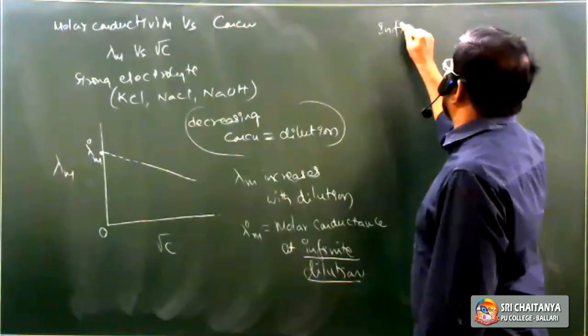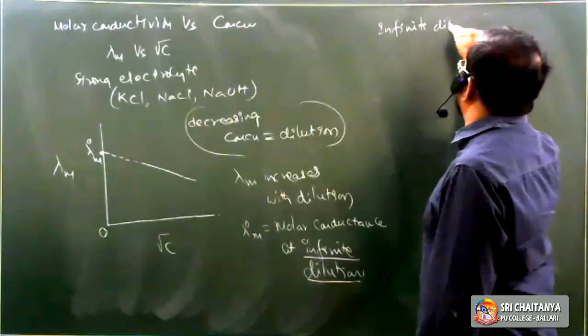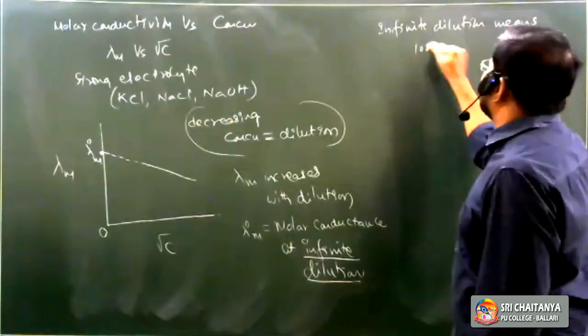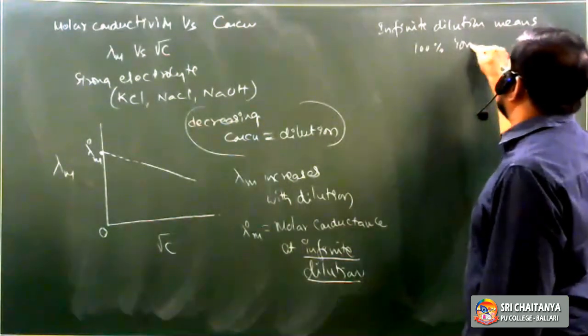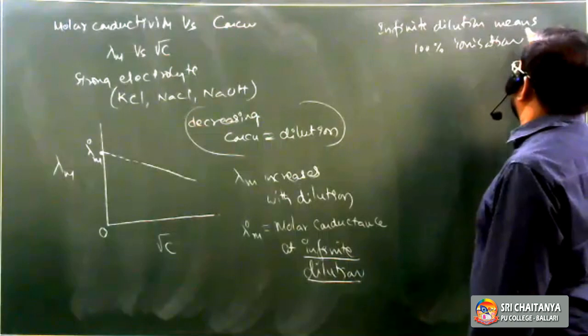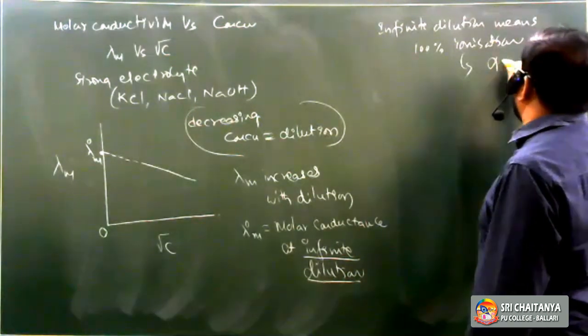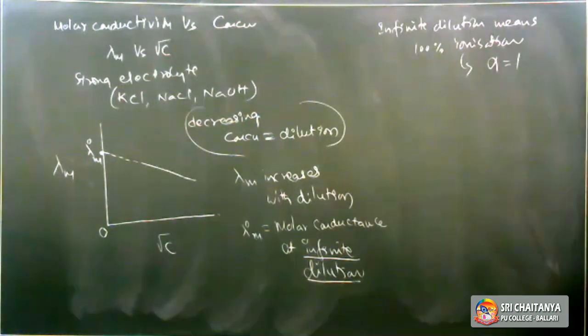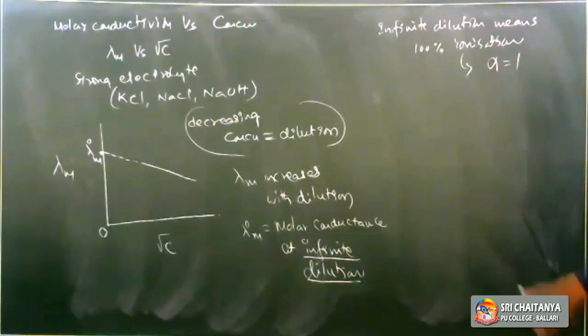Infinite dilution means 100% ionization, that means alpha is equal to 1. 100% ionization, 100% dissociation, and alpha value is equal to 1. That is for the strong electrolyte.